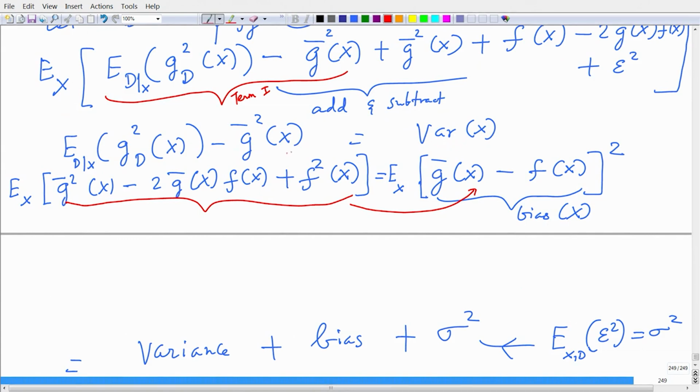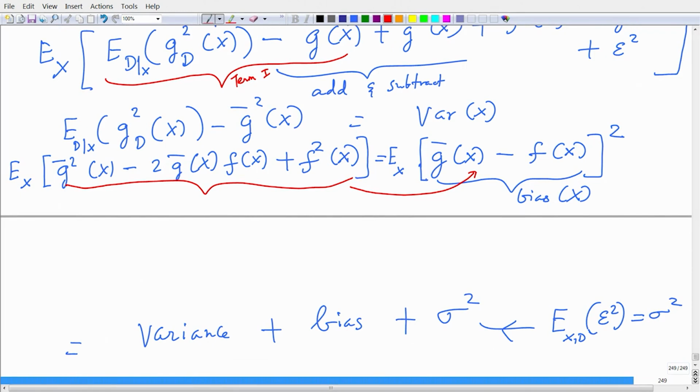This was depending on x because I was looking at the conditional d given x, so it was a function of x, but when I average it over all x I get variance, which is some quantity depending upon the distribution of x. Then I get this bias when I average it over all x, and I am left with sigma squared, which is basically the expectation over x and d, this noise statistic.